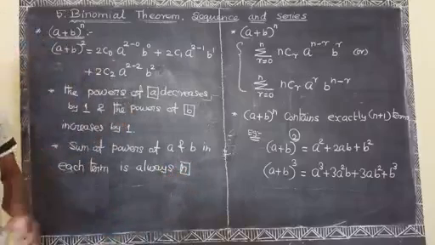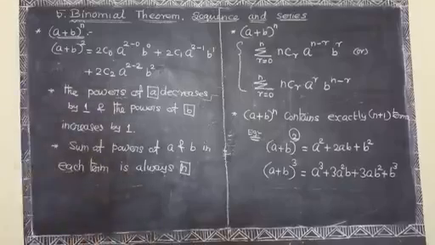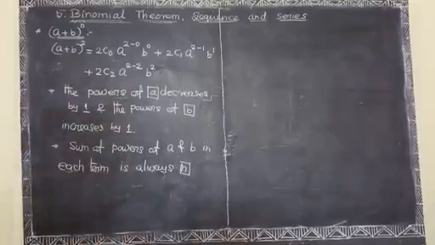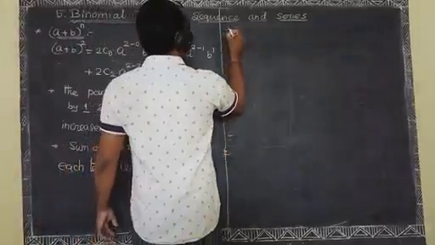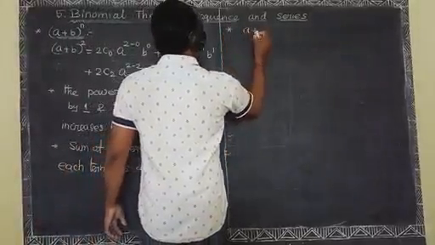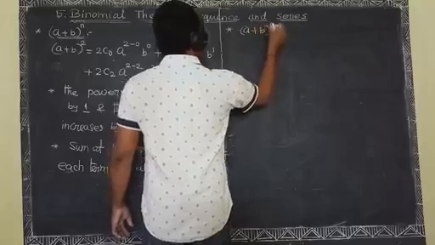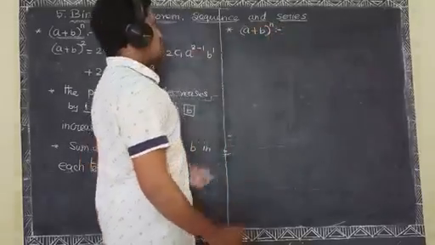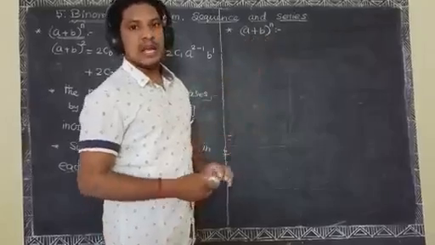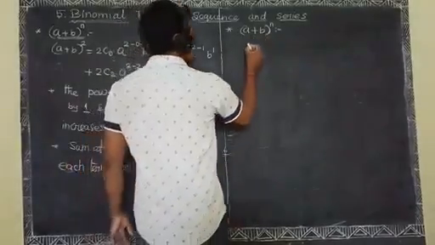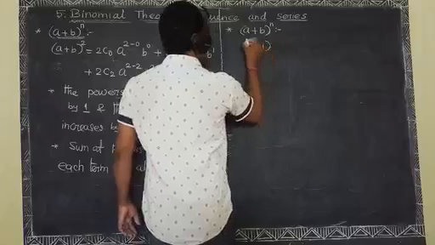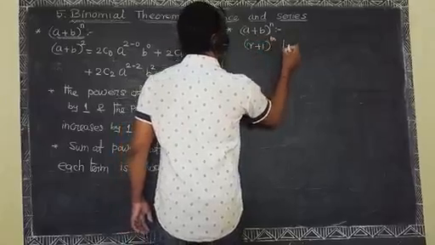Okay, next go to property number 4. (a plus b) whole power n. Expanding using the binomial theorem, find the r plus 1th term.